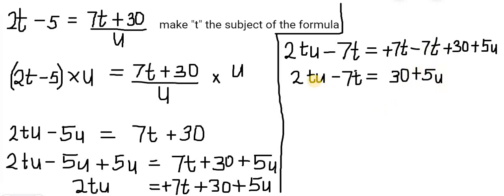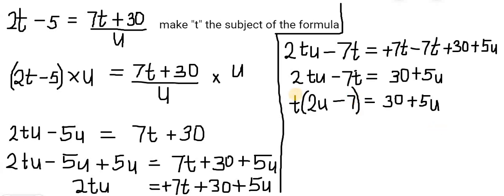Now, there are two t's in different places, so to get it all in one place, I factorize t out from both of them, and so from 2tu, I have 2u left when I factorize t out, and from minus 7t, I have minus 7 left when I factorize t out.